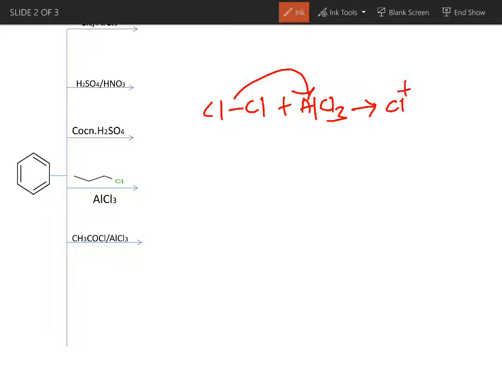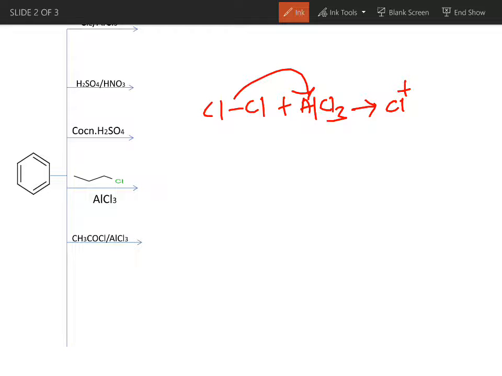In the first reaction, benzene is reacting with chlorine in the presence of a Lewis acid. Now we know that a Lewis acid is electron deficient. When it reacts with an electron rich compound, that is chlorine, it will abstract a pair of electrons and form an electrophile, chlorine with positive charge.